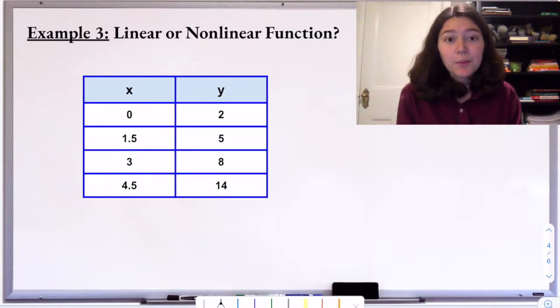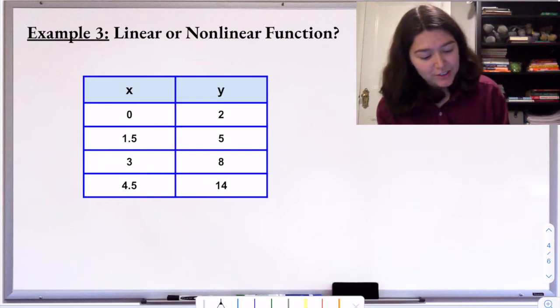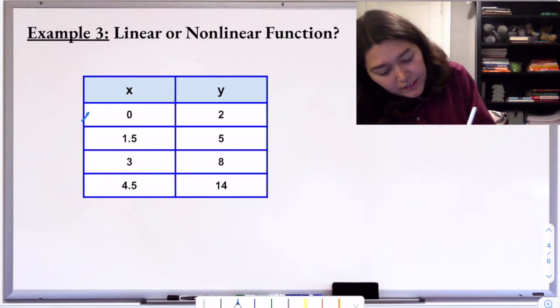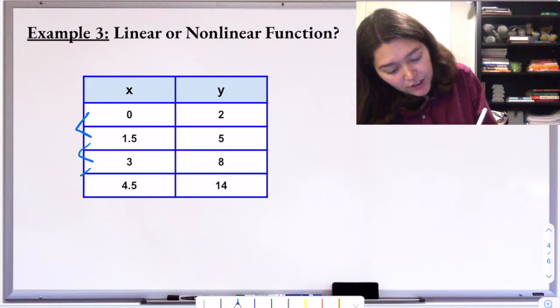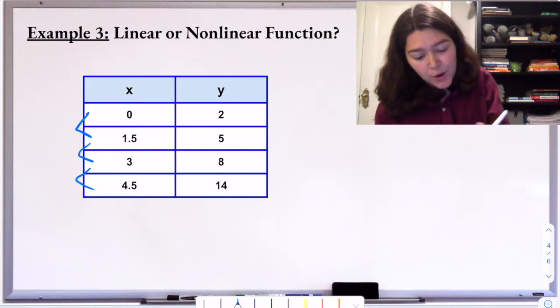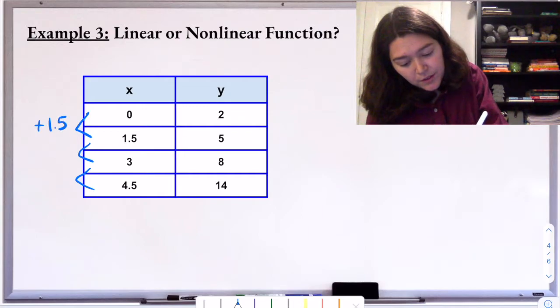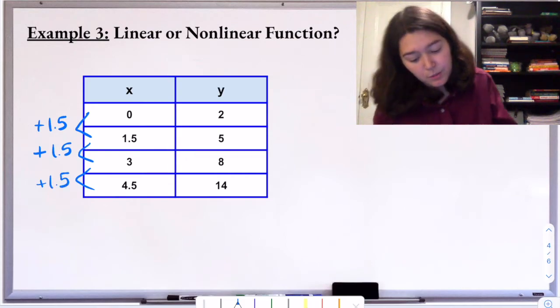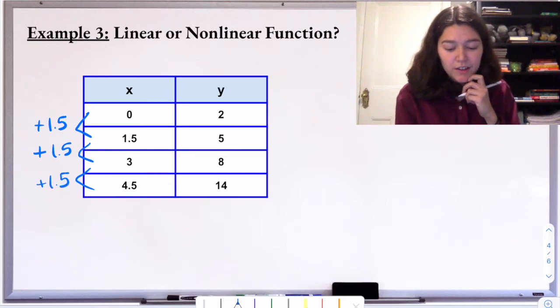Now let's take an example of a nonlinear function. I'm giving away the punchline here. But here for my x's, I'm going to find my changes. So from 0 to 1.5, I'm going up by 1.5, 1.5 to 3, plus 1.5, 3 plus 1.5 is 4.5.